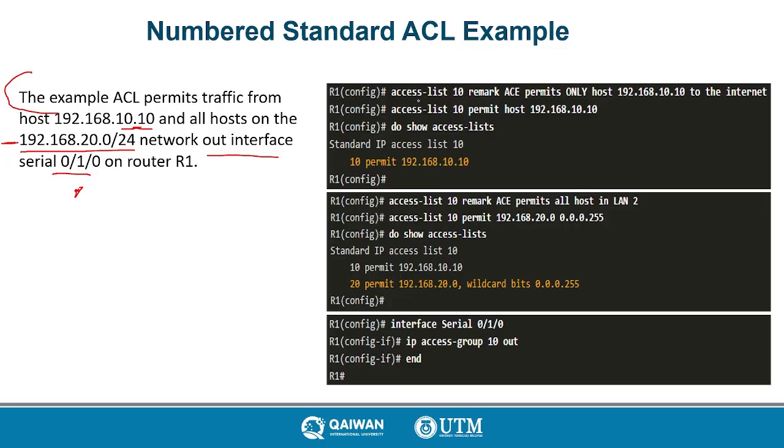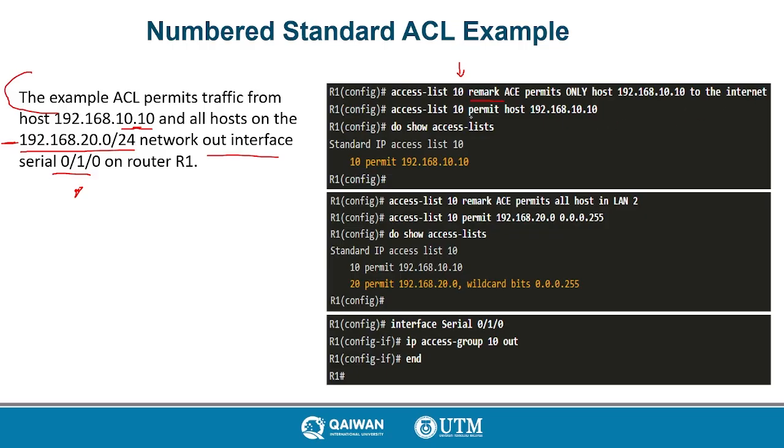Now it created access list 10. It's just numbered, it doesn't have any name. And also we are inside global configuration mode. There's a remark, which would be like a text note for ourselves.